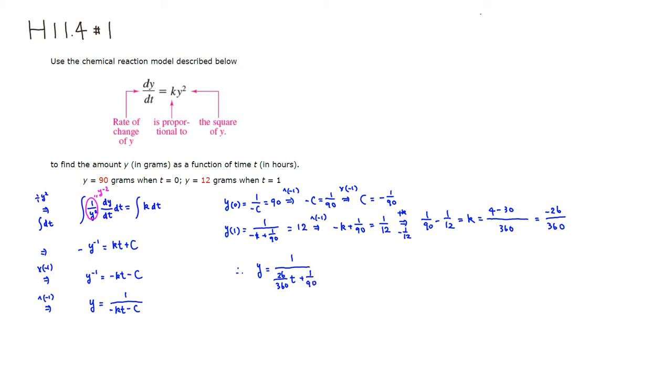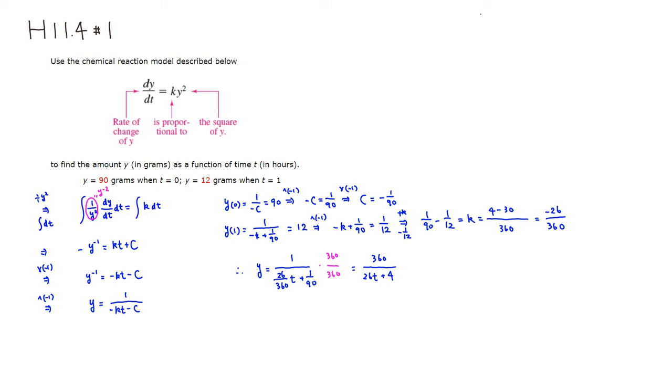I'm going to multiply top and bottom by 360 so that we don't have a fraction inside the fraction. So you have a 360 on top, a 26t, and for the 90, it's going to be plus 4.